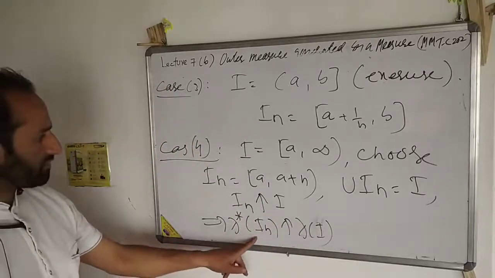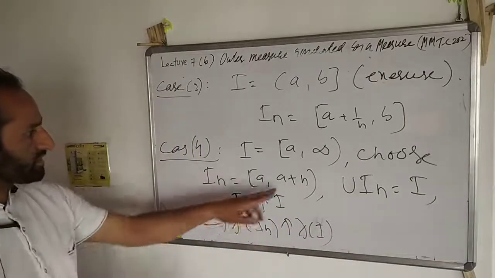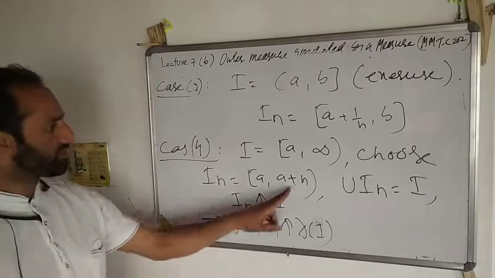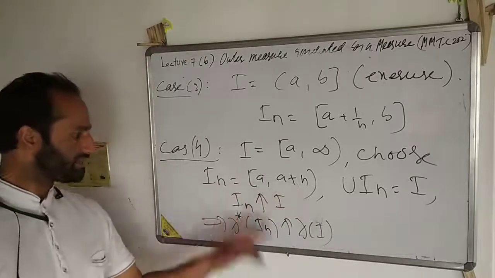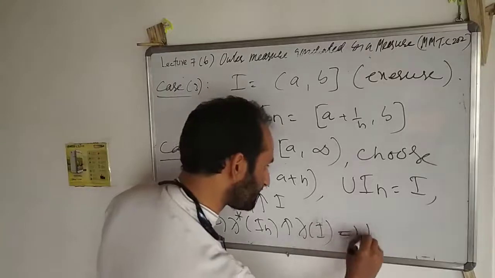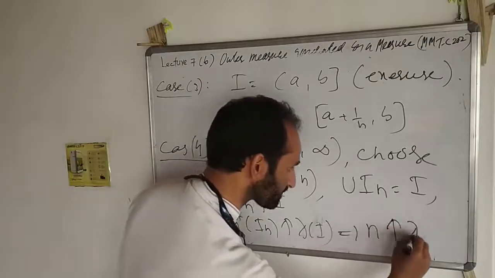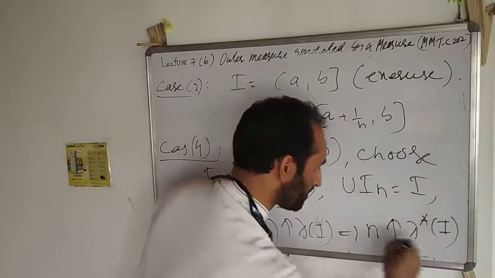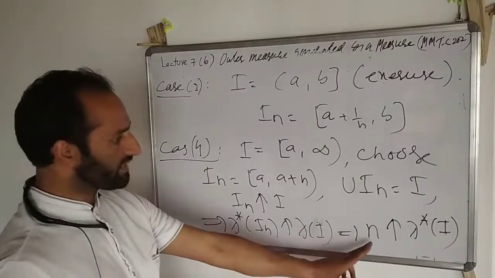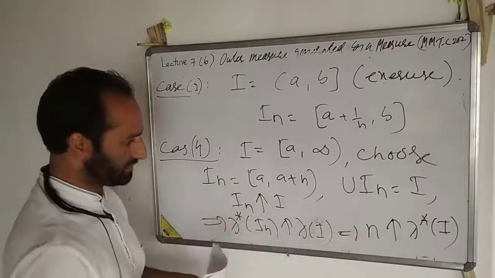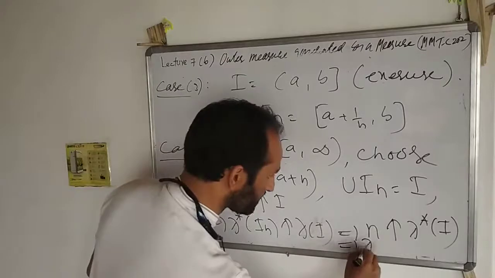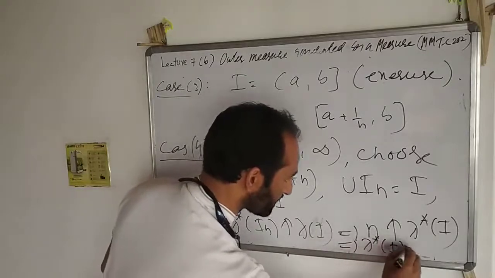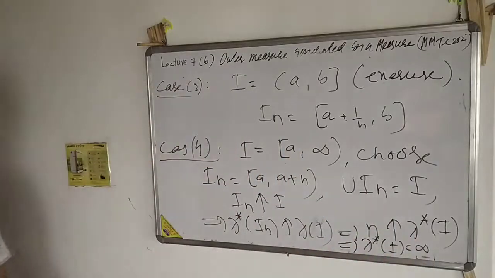But the Lebesgue outer measure of I_n, it's a semi-closed interval, so its outer measure is equal to its length, that's A plus n minus A, it's n, which implies n increases to the Lebesgue outer measure of I. But what's the limit of n? As n approaches infinity, it's equal to infinity. So that means the Lebesgue outer measure of I is equal to infinity.